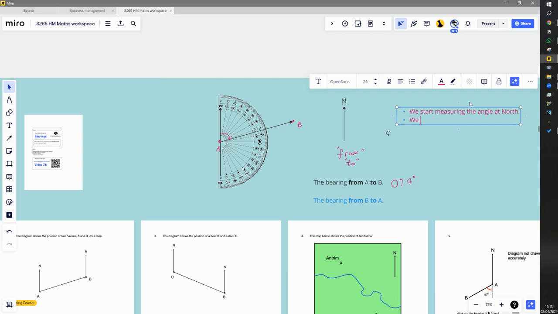We always go clockwise. This will make a bit more sense in a moment why the second point is relevant.